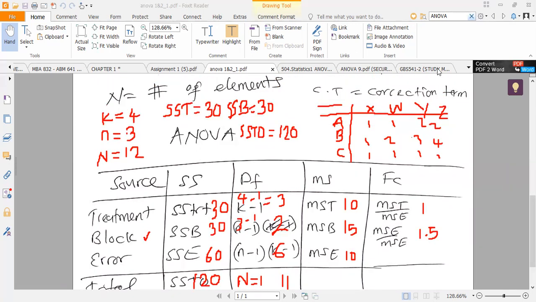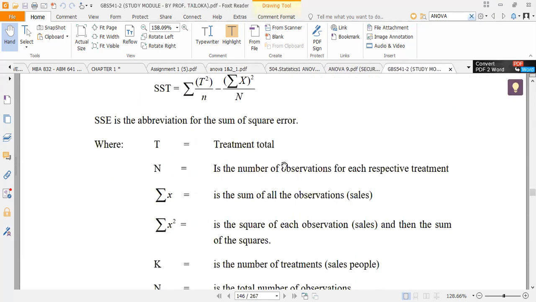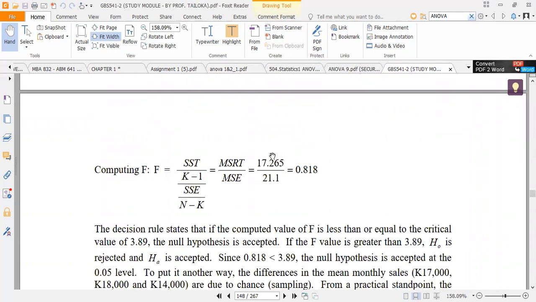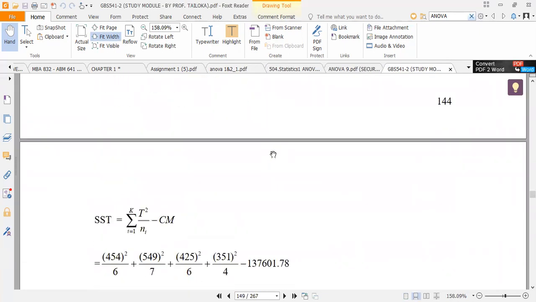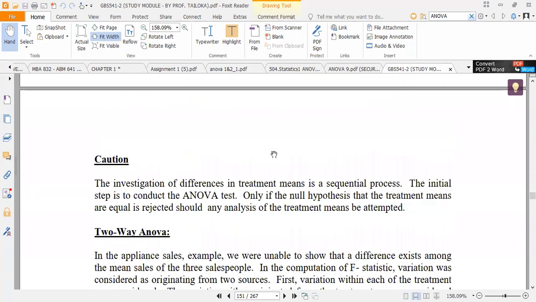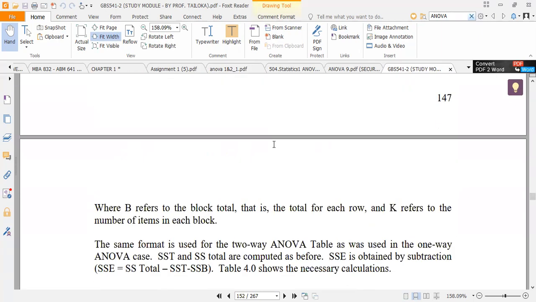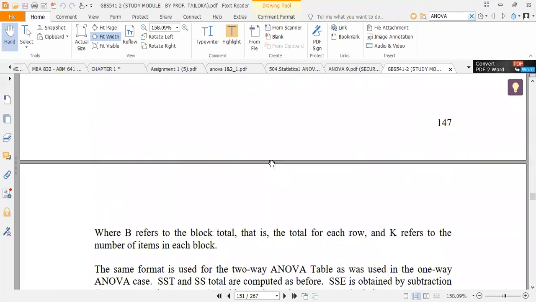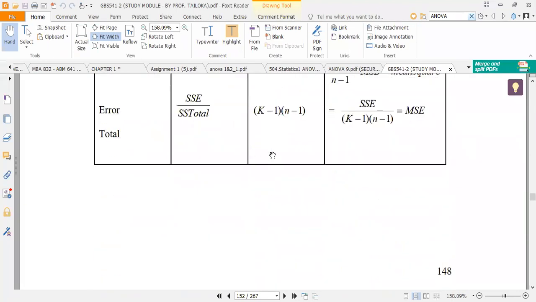So balancing up the ANOVA table is very important because even without me teaching you how to find the other values, you'll be able to understand where they're coming from. This one has two titles, here and there. I'm not going to take you for now through how we calculated the figures.